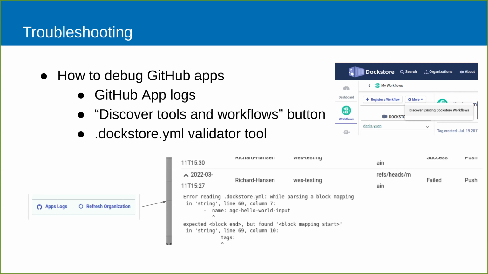Finally, during your sign up process, you may encounter the CLI tool. That CLI tool allows you to do a few things, like test workflows locally on your own computer, but there is also a validator tool that can validate issues with your Dockstore.yaml. It can look for issues such as this in case you want to iterate a bit faster than saving things on GitHub and waiting for Dockstore to refresh.